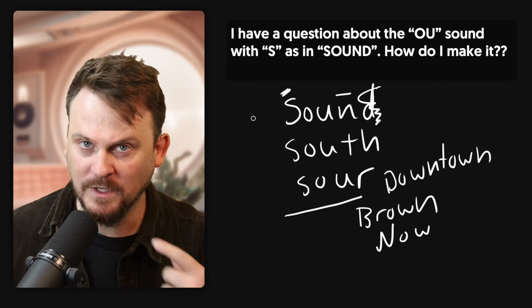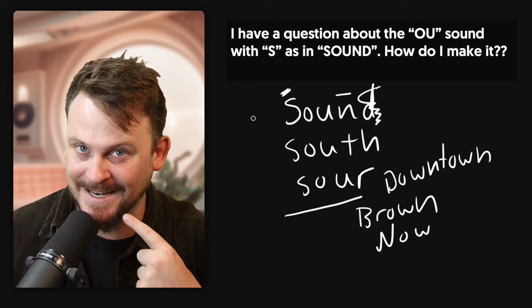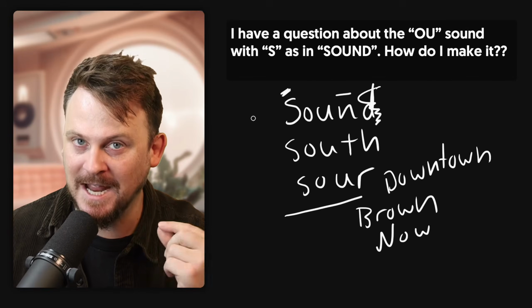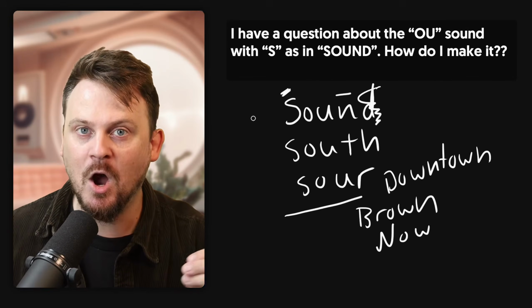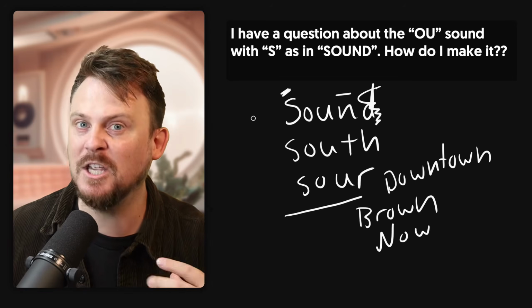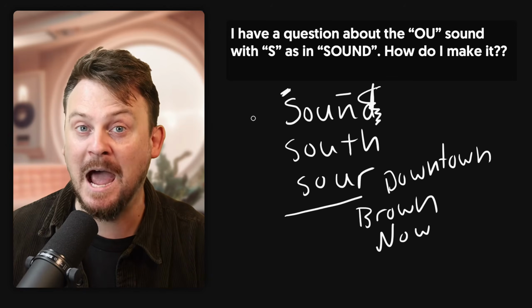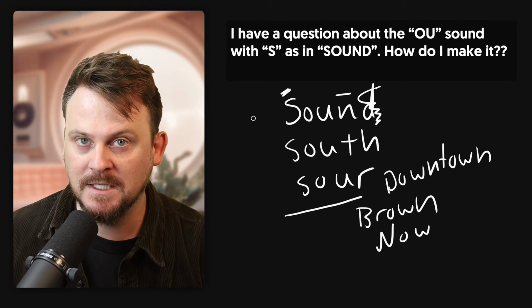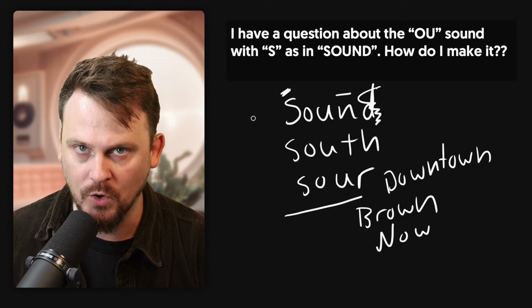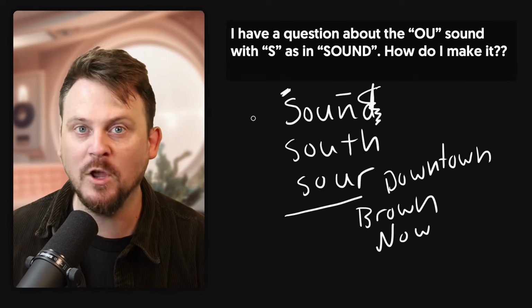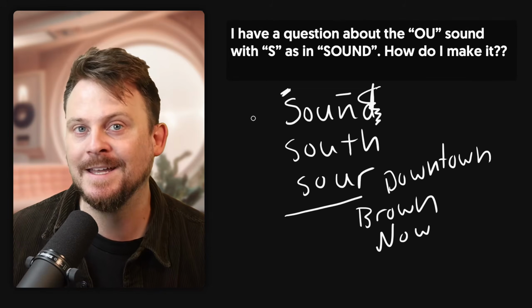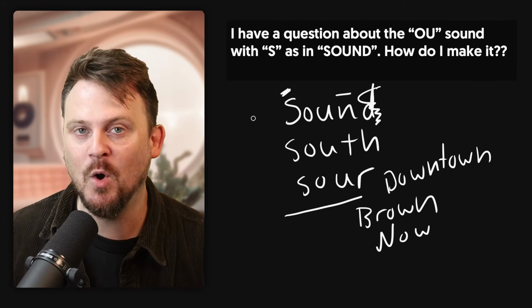Sound. Notice the N sound at the end. I'm saying na na na. The N sound. Sound. It's continuous. I'm not breaking my voice between ow and n. Now all you have to do is add the D. Sound.